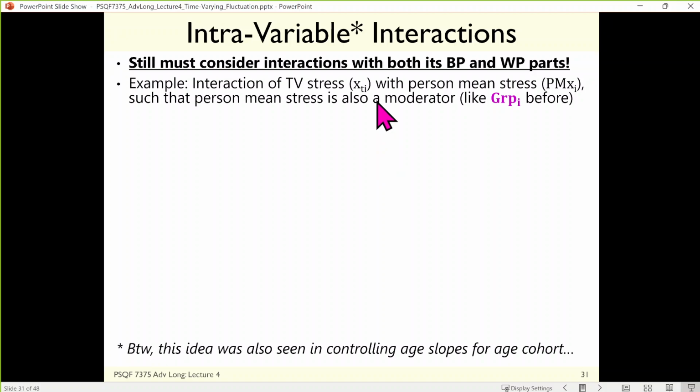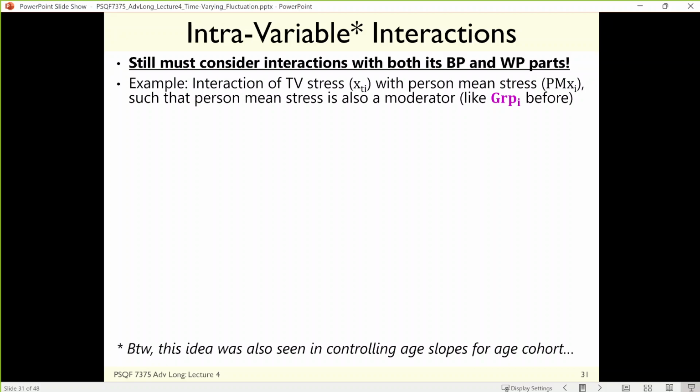Intra-variable interactions work the same way. Do you remember at the beginning of the semester when we talked about age and cohort? Remember that nonsense, messiness? It was this, because cohort was age at the beginning of the study. Essentially what that model was fitting was the within person X interacting with person mean X, what I call an intra-variable interaction.